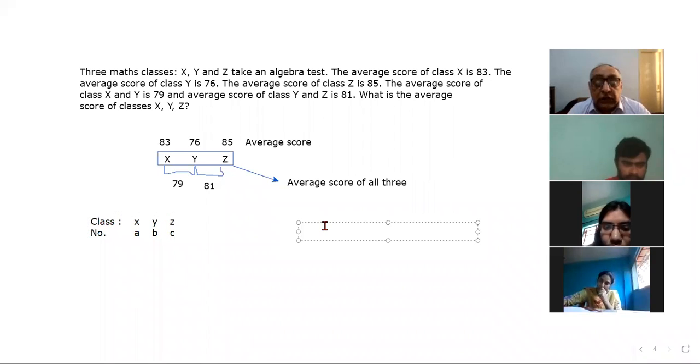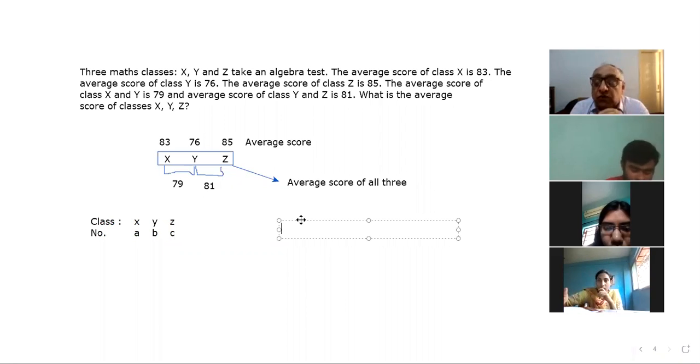Now, the average score of class X is 83. So the total score of class X will be equal to the average multiplied by the number of students. That is how it works, right? Average multiplied by number, that will be the total score.